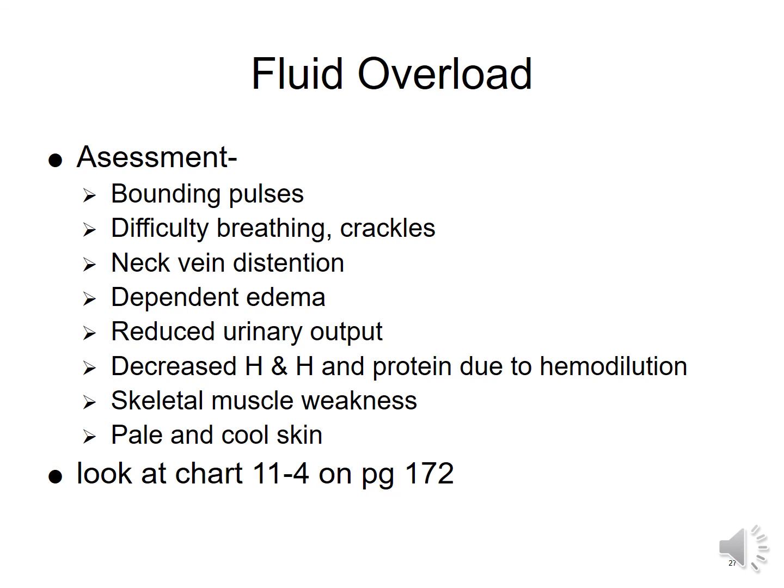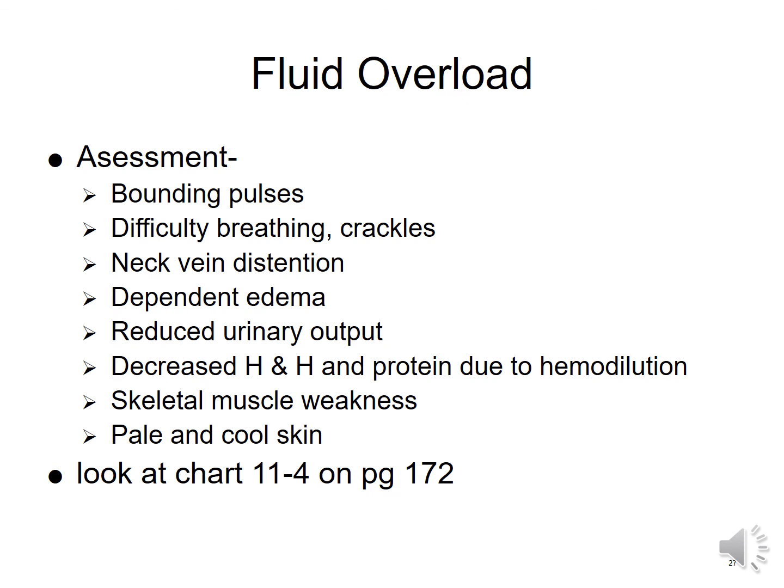So let's turn over to our chart on page 172 and look at it right quick. It's up there in the left-hand corner, and it's about fluid overload. And it just gives you some other things to be looking for. So make sure you're really familiar with all of those things. I think we've gone over just about everything. You may have altered level of consciousness, a headache, may even get some visual disturbances.